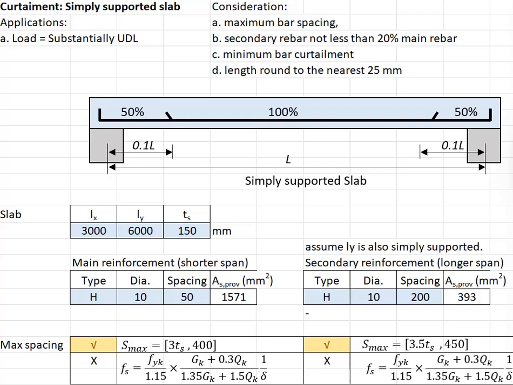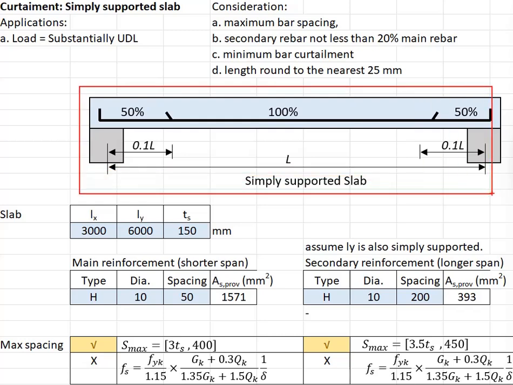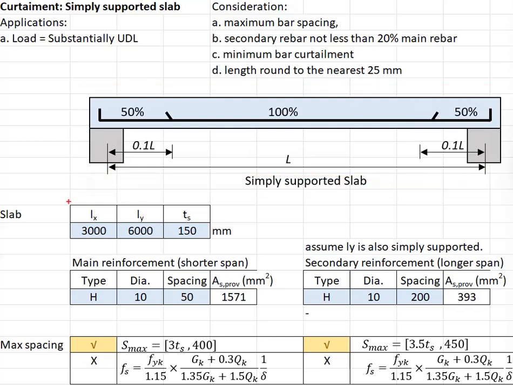Having the fundamentals established, let us look into the example. Given a simply supported slab here, the dimensions Ly and Lx are 3 meters and 6 meters, with a thickness of 150 mm.